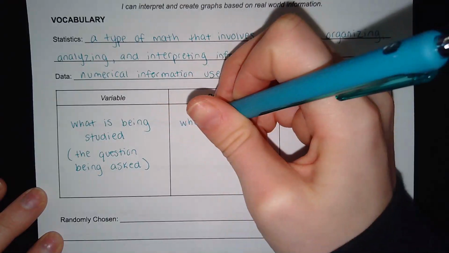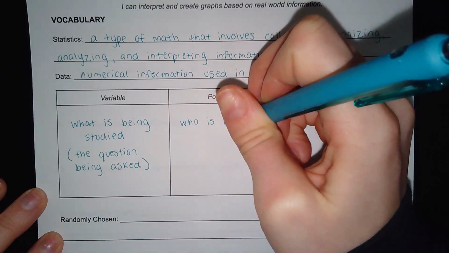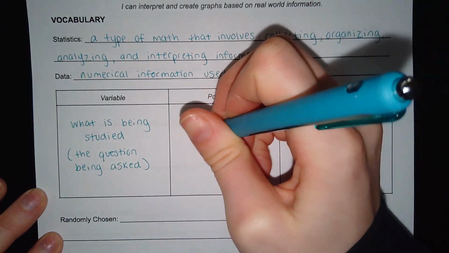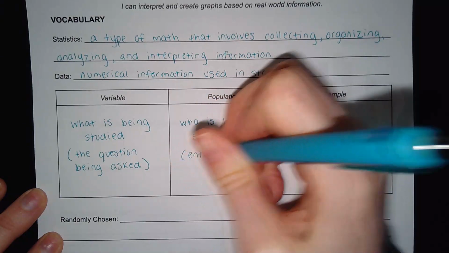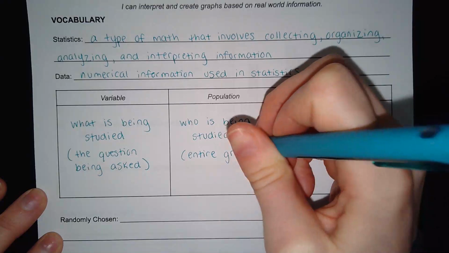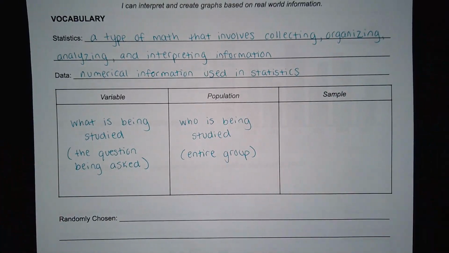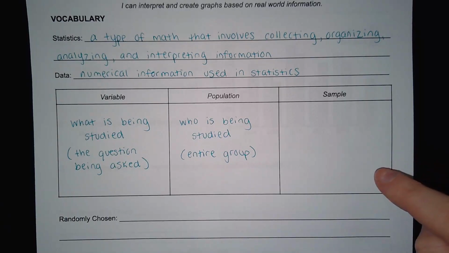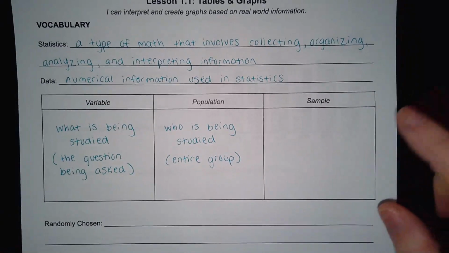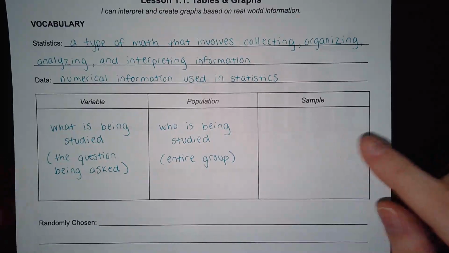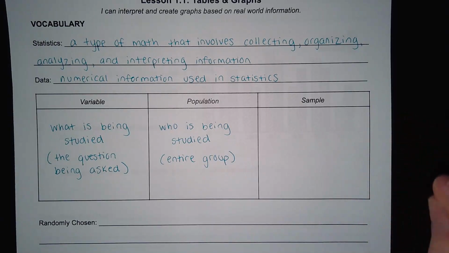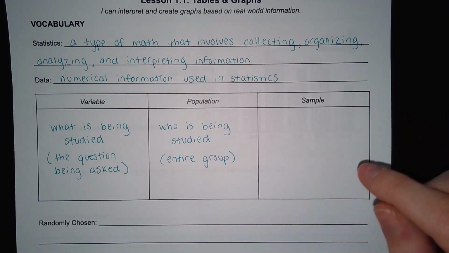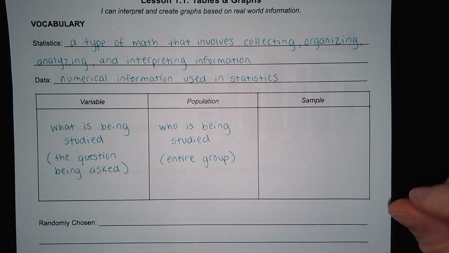The population is going to be who is being studied. And the key with the population is this is going to be the entire group. Now, this is going to be different from the sample. If we think about what the word sample means, sample is a piece or a part. If you get a sample of ice cream, it's just a little taste. Or if you get a sample of paint to put on your wall, it's just a little bit of paint.